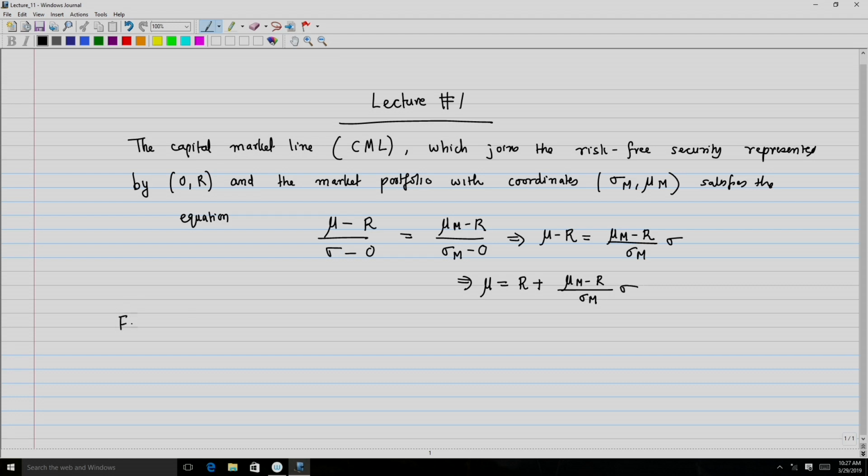So, we can make the following observation given this particular relation for the CML.